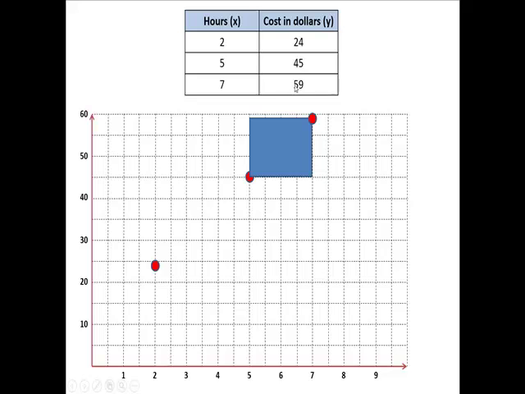What's the difference in those? And then you went over from 5 hours to 7 hours. Well, that's pretty easy. You went over 2 hours. And when you subtract 45 from 59, you got 14. Now that's 14 for 2 hours. $14 difference for 2 hours.